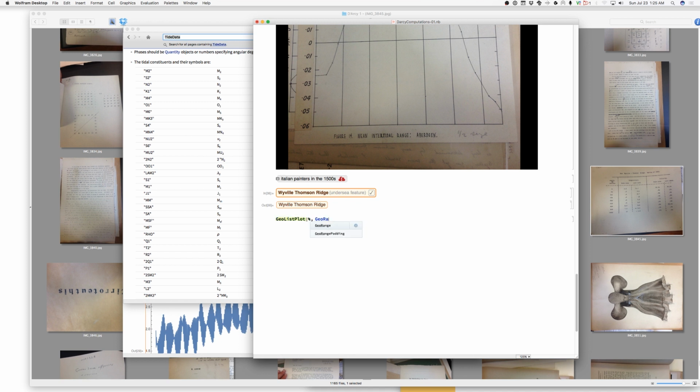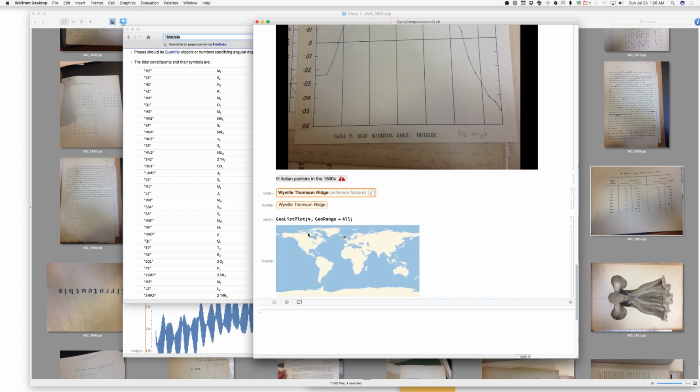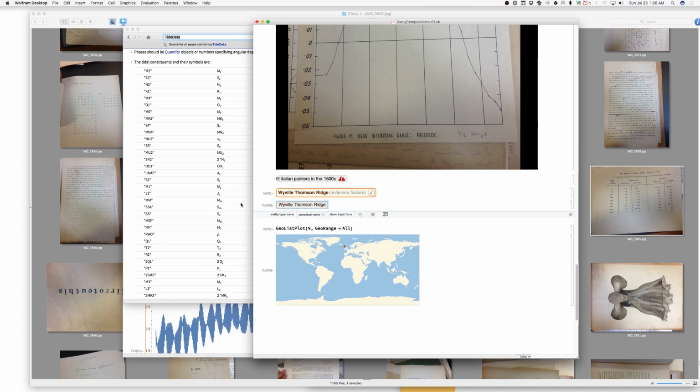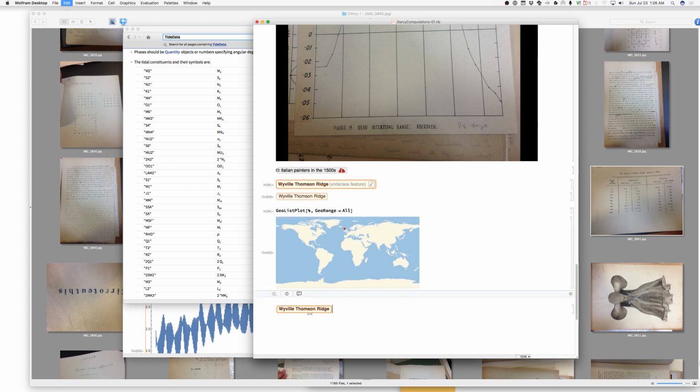Since I have no idea where it is, let's do a georange of the whole Earth, where it's just going to show us some random piece of the... Oh, okay. It seems to be in Scotland. So let's just make... okay, I'm curious where this is. So geolist plot of that with georange arrow Scotland.